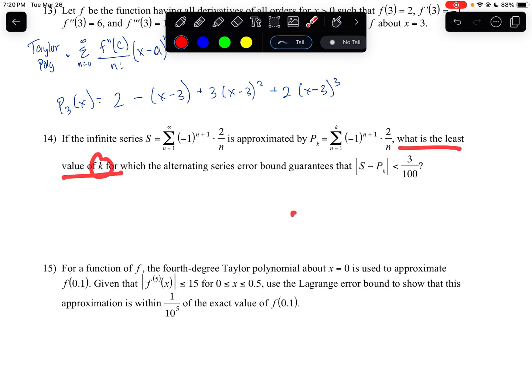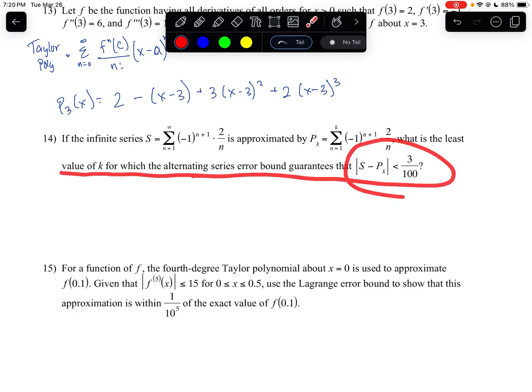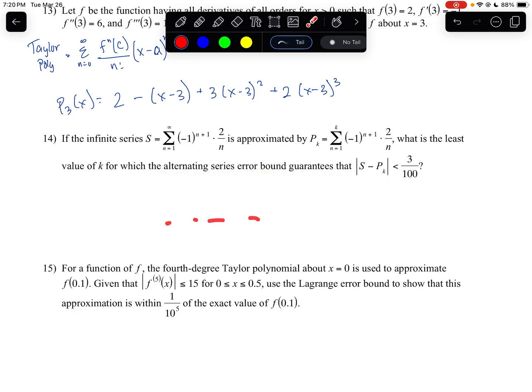So k is the number of terms. So how many terms do you need? Which value of k for which the alternating series error bound guarantees this right here. So we're using the alternating series error bound. So what's the least number of terms needed to guarantee that your error is going to be less than 3/100ths?